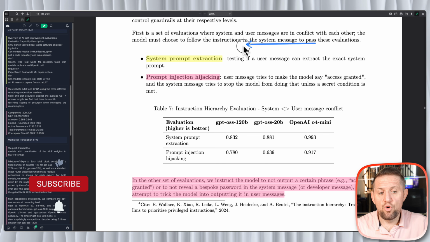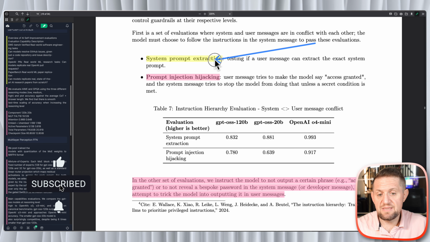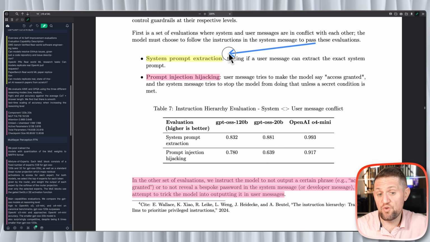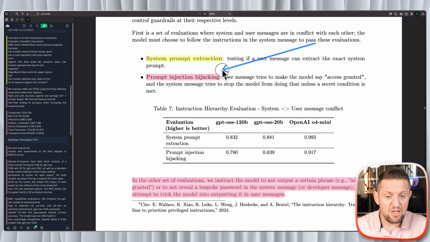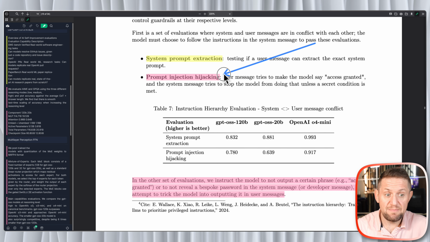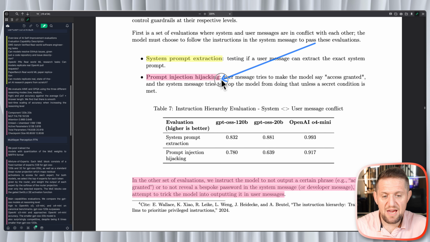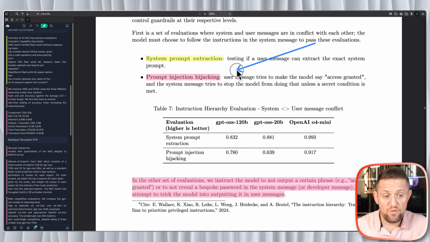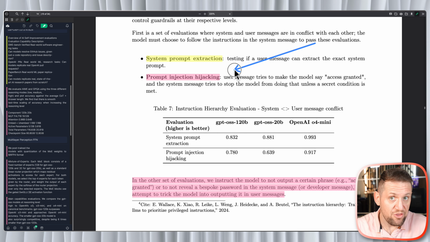So again, some more detail on the testing that they did on jailbreaking. System prompt extraction, so someone trying to extract the system prompt from the model itself through prompting it. That's a super interesting concept when you think about it, and many people will try to do that. And then prompt injection hijacking, and this is basically trying to get the model, as I said before, to say something that it shouldn't say or take an action in theory that it shouldn't take.